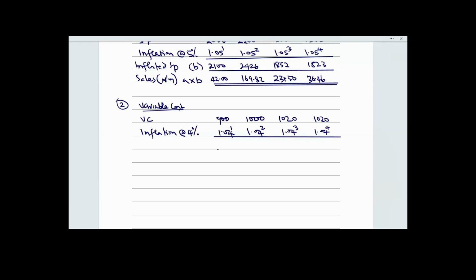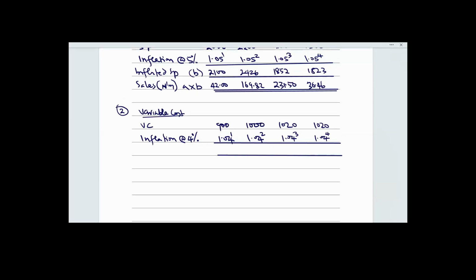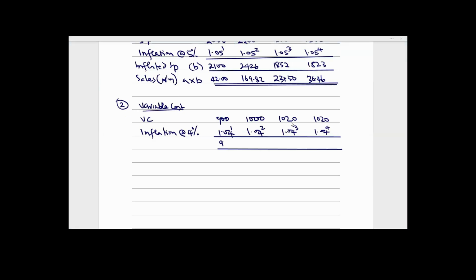I will then say 1.04 from the calculator, 1.04 raised to power year 1 equal to, then multiply by 900. So here is 936.